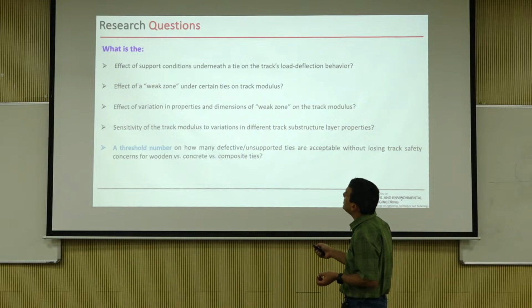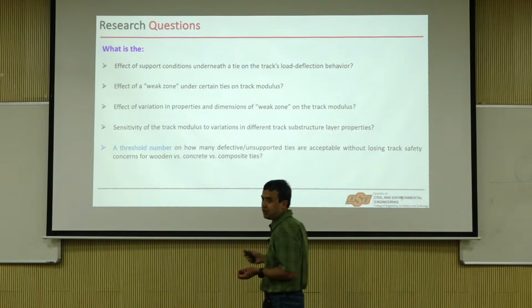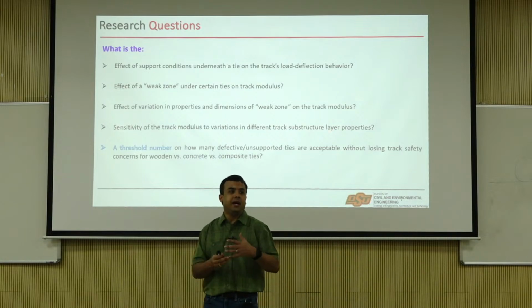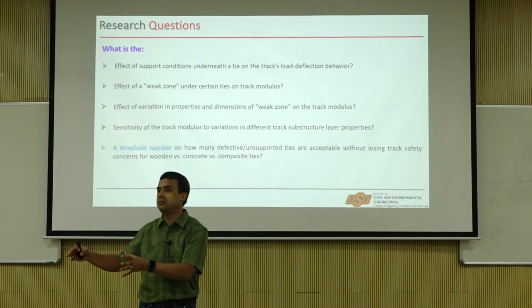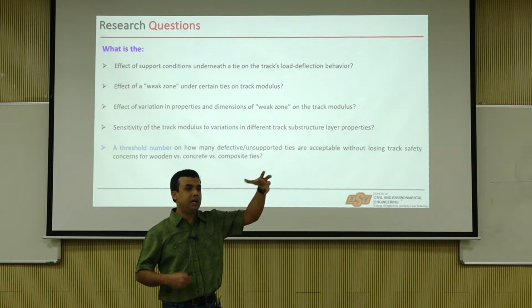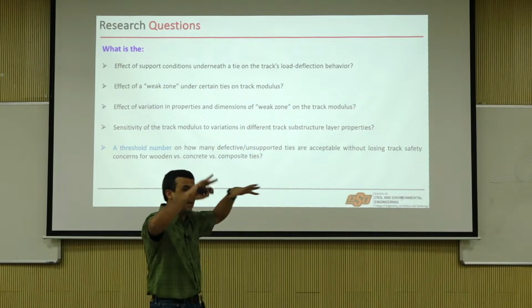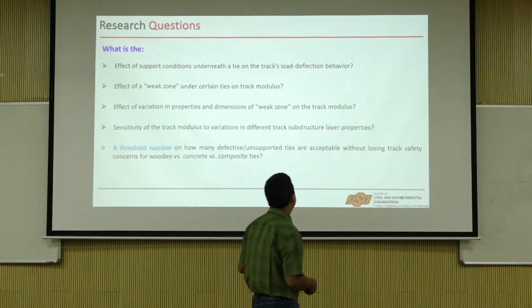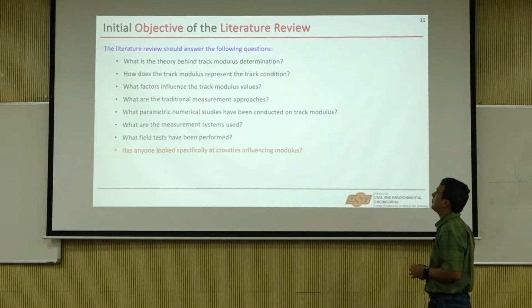And how sensitive is track modulus to variations in different substructure properties? If you have a track with a certain modulus and now your subgrade changes, is that having a big effect on the modulus? Or if ballast changes, does it have a big effect? Because that's how it indicates the overall structural health of the track.